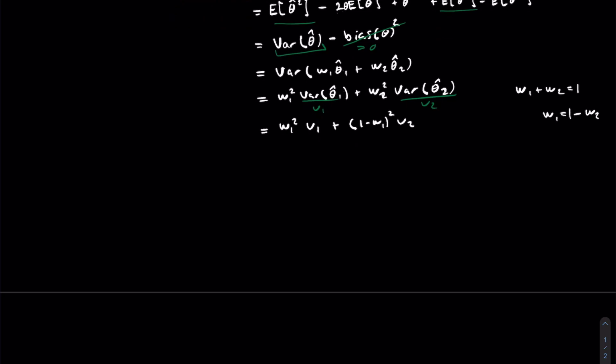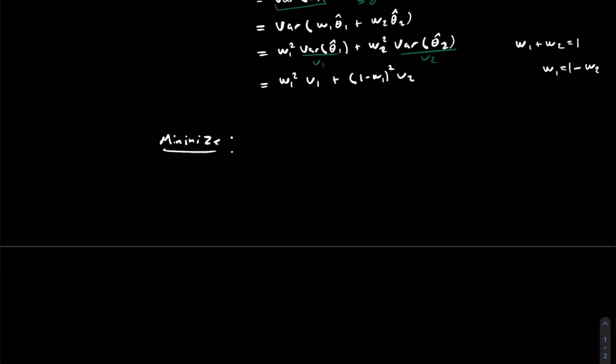Now I'm going to go ahead and take the first derivative. So we're going to minimize, and then we're going to take the partial derivative, or it's actually just the regular derivative, because we have everything expressed in just one parameter.